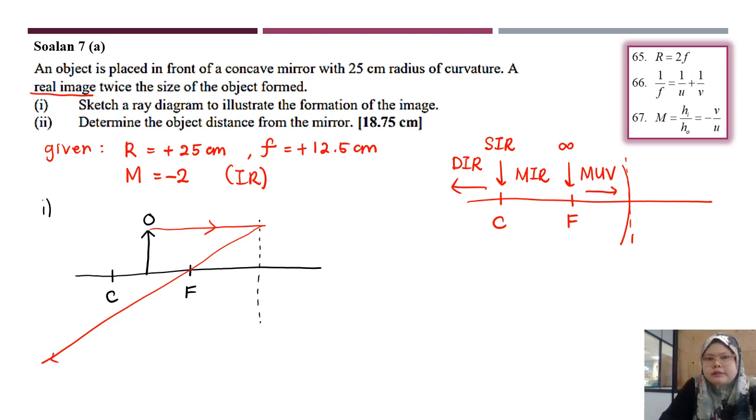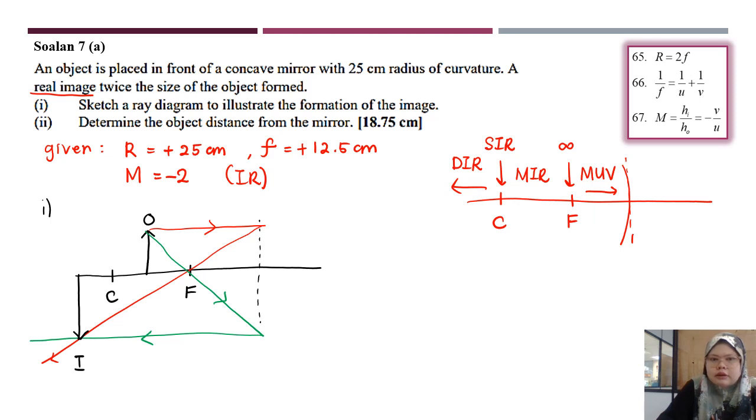Okay, and then the second ray will be towards the focal point and then reflect parallel to the principal axis. Okay, tempat yang dia intercept ni will be the location of the image. This will be the image. So we can see here, the image is magnified, inverted and real image.